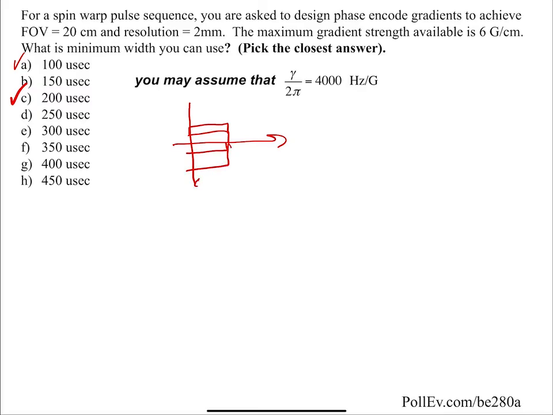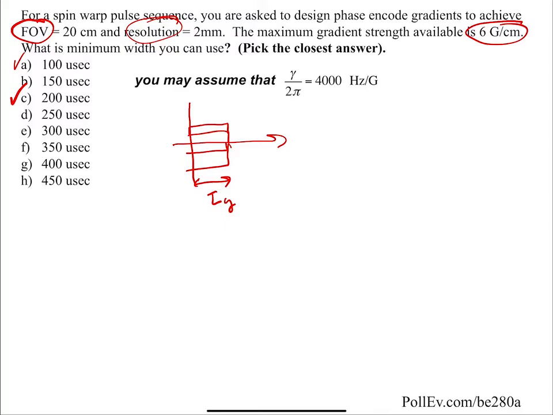What we're trying to figure out is what is the minimum width we can make this tau sub y. Basically, we need to think about which of the parameters, FOV or resolution, matters for making this decision. And we're also told that the maximum gradient strength is 6 Gauss per centimeter.